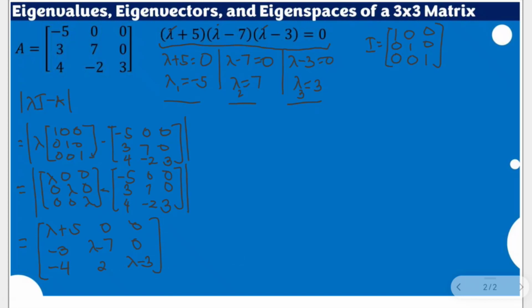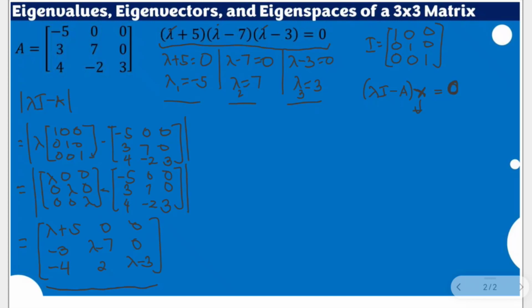This matrix will then be used when we solve for the eigenvectors of the specific eigenvalues here. We are going to come up with, again, this expression, lambda I minus A, multiply it with a certain vector x, and equate it to the 0 vector. This will correspond to the eigenvector of the specific eigenvalue.